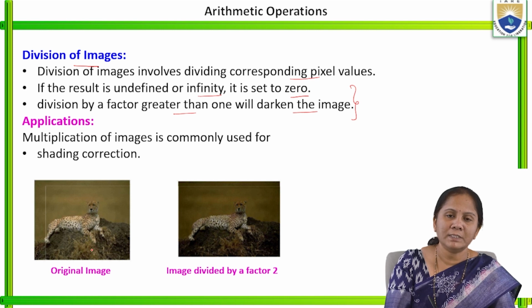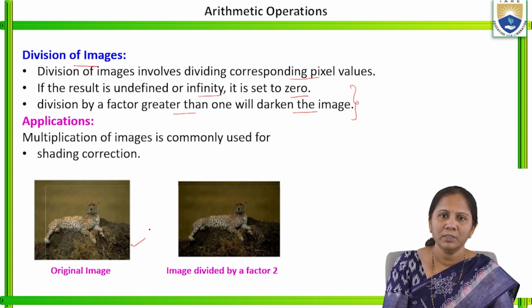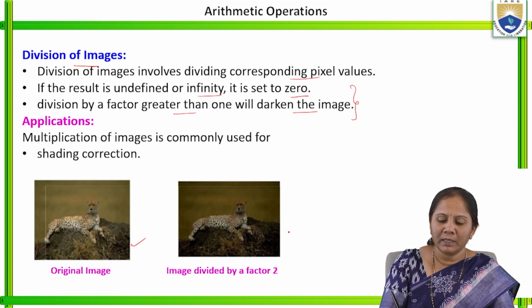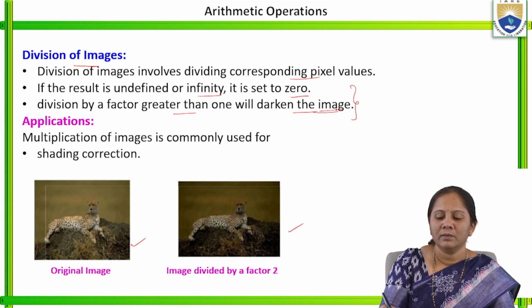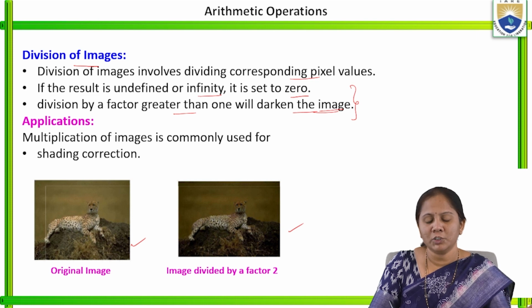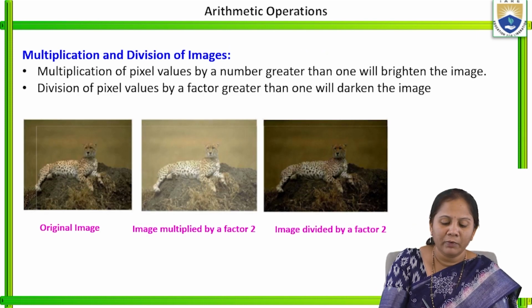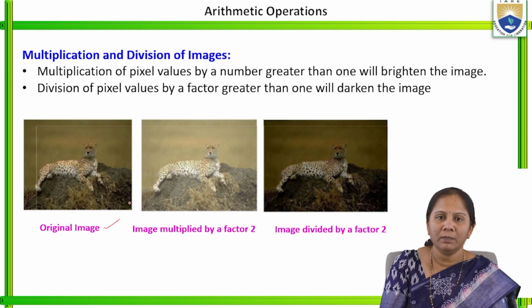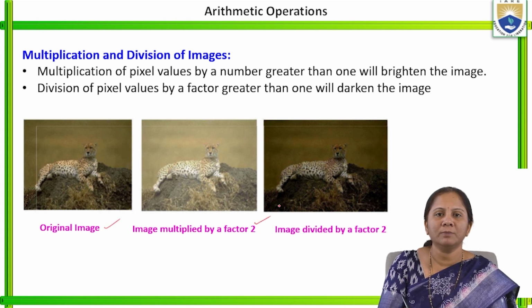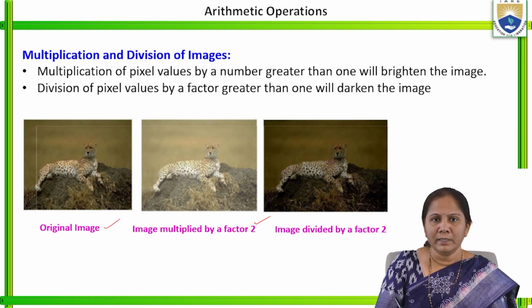Before that, if we see this image, this is the original image. After applying the division operation by some factor, that particular image will get darkened. Here is the clear difference: considering the original image, if you perform multiplication operation by a factor 2, it has been brightened.